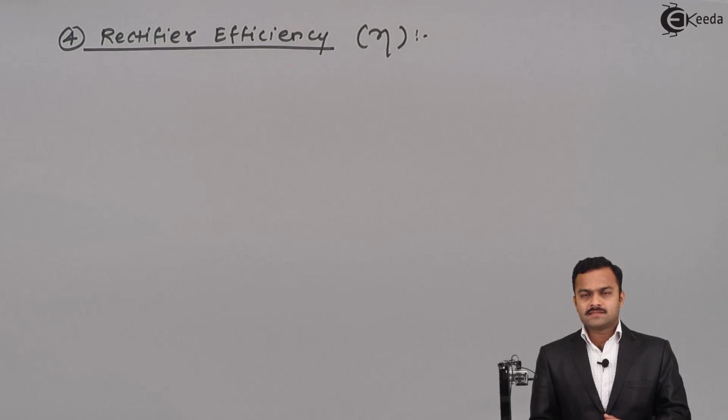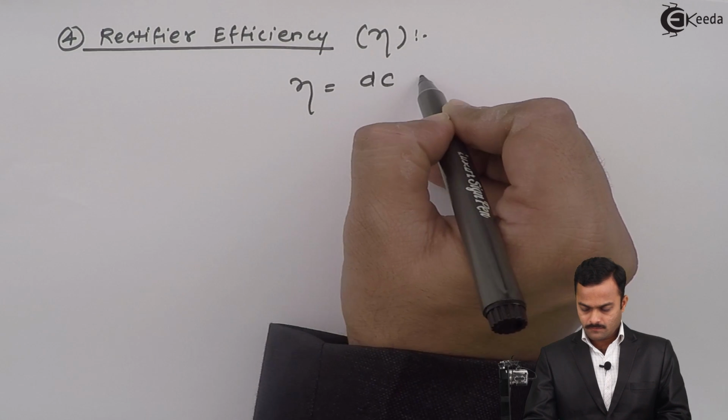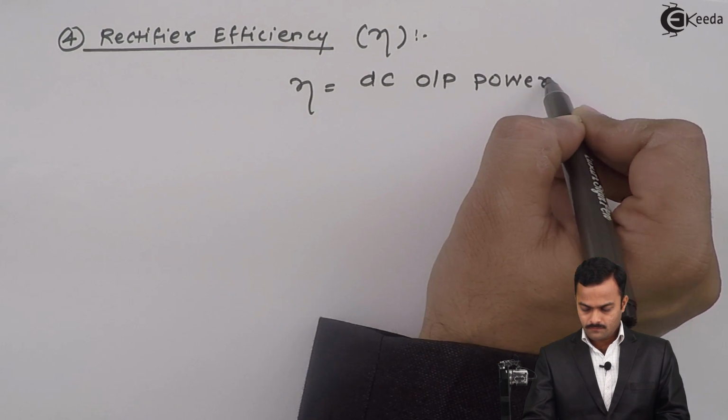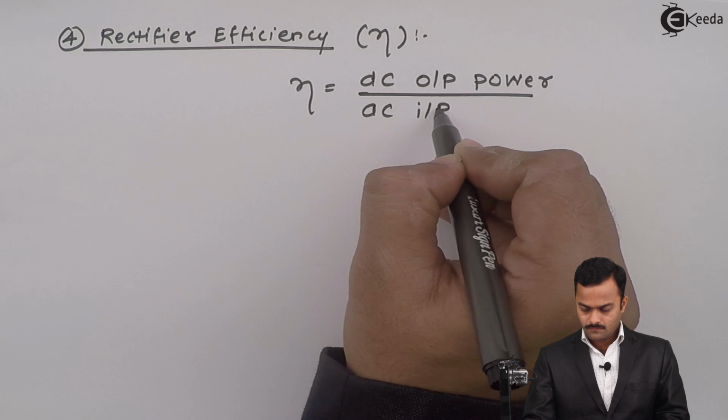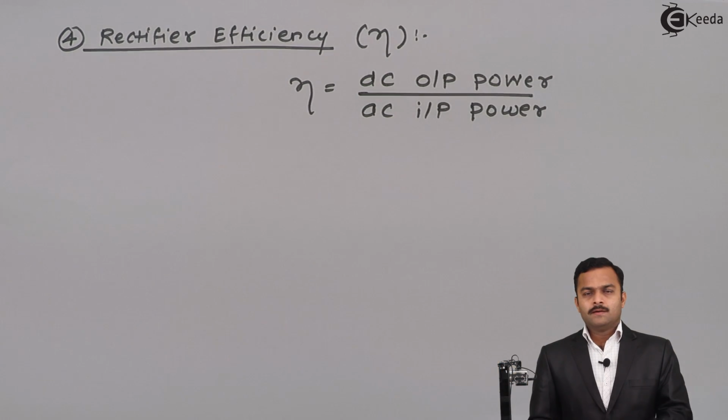It is defined as the ratio of DC output power to AC input power. Both these powers are flowing through load resistance only, but here the current will be different.